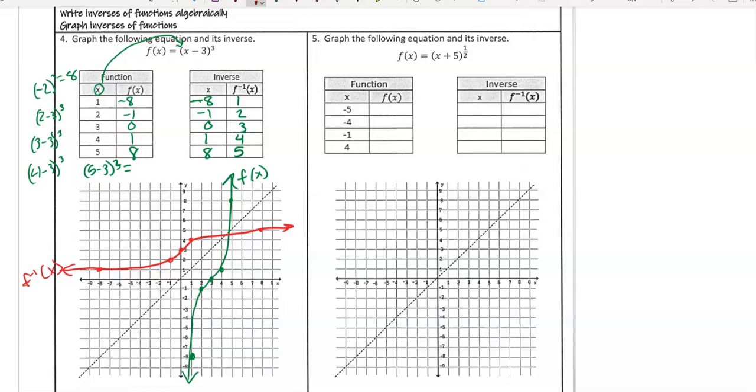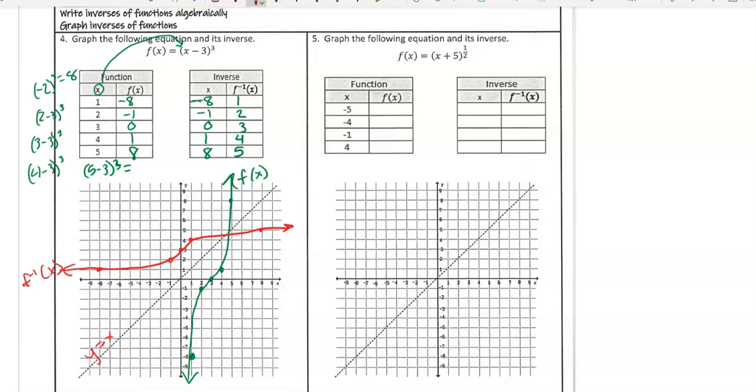Now remember, this is the line y equals x, and all inverses are perfectly reflected across this line. So if this line is a mirror, the green graph is perfectly reflected across that mirror. All right, let's take a look at the next one.